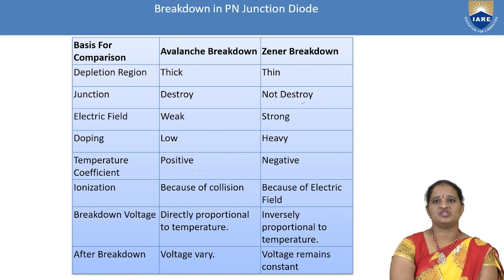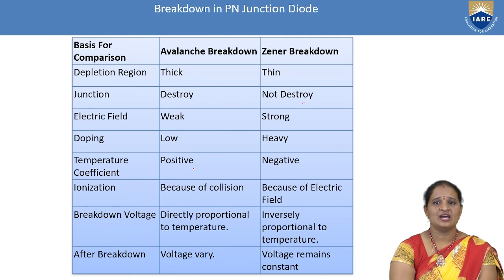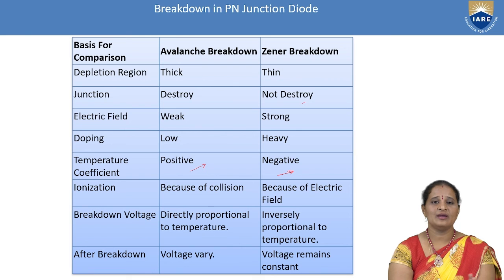And the temperature coefficient is positive for avalanche breakdown, whereas for Zener breakdown it is negative. So that means one breakdown is happening due to thermal energy, whereas the other is happening due to the high electric field intensity near the depletion region.